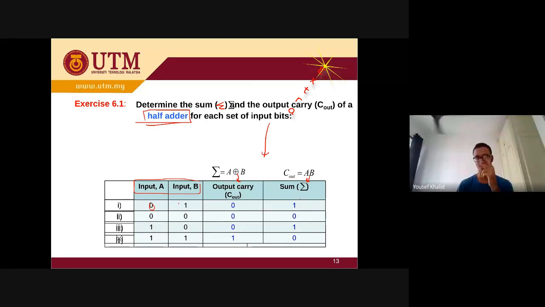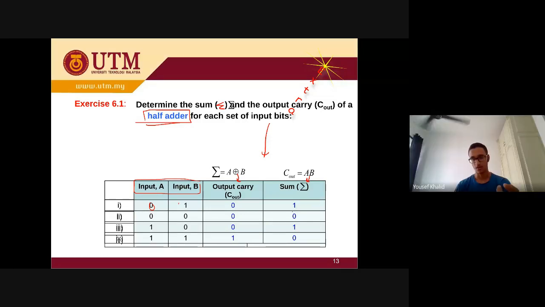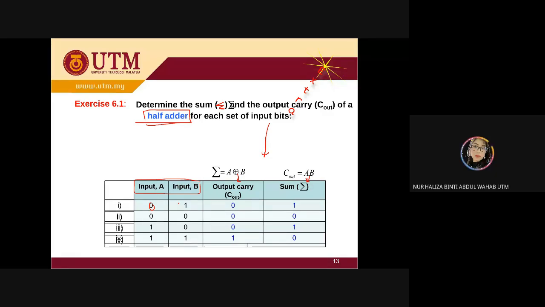Is it the opposite? Wait. What again? The AND gate is the carry out? No, I am checking now why it is 1010. Supposedly I think it's changing the place. Yes, I think so. Yeah, it's supposed to be here.